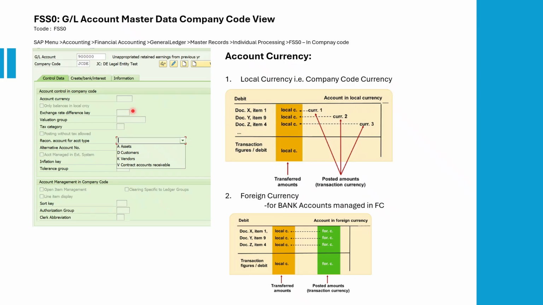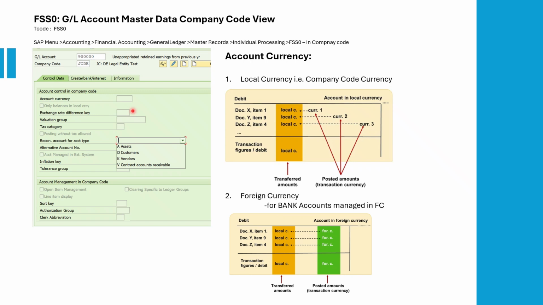The system will automatically translate those currency values into local currency on the basis of your exchange rate. So GL accounts having the local currency as account currency are allowed to be posted in other currencies also. You got it, right? And then there's another option also.